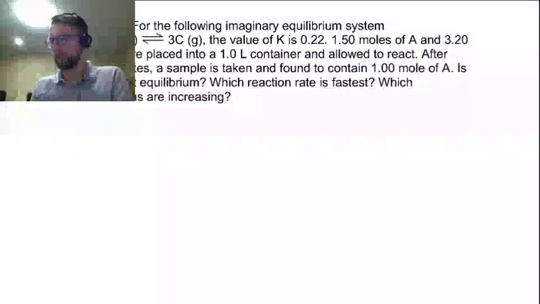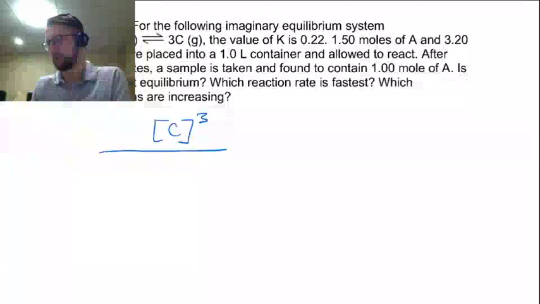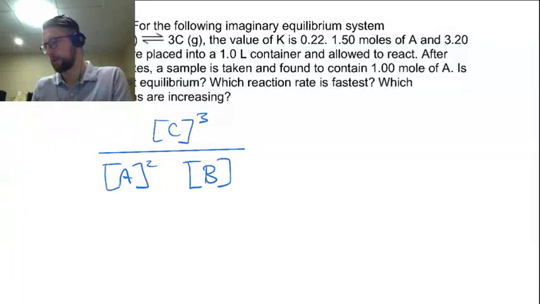So we have a system that has C cubed divided by A squared and B, and that's going to be equal to our Q because we're doing a test, right? Now, there's some interesting things that happen.